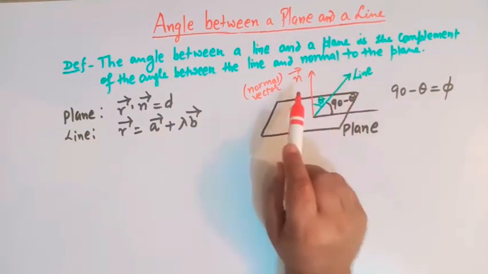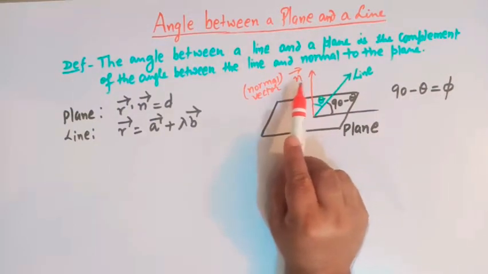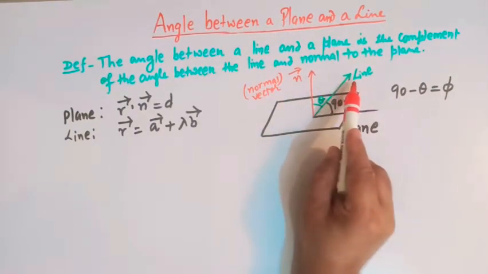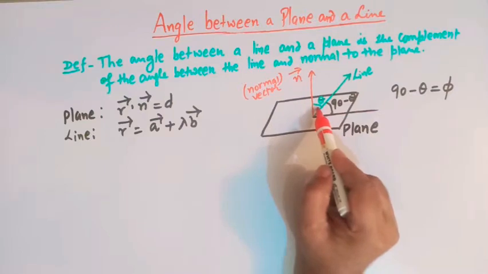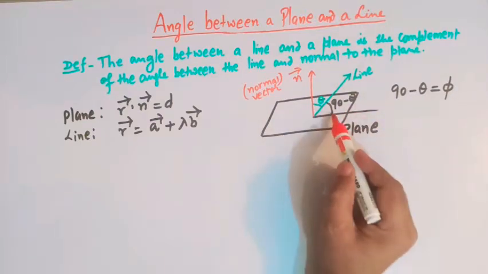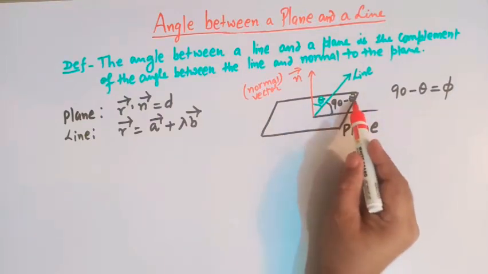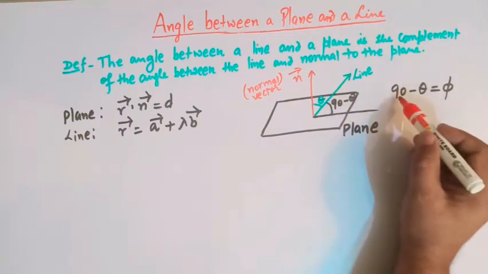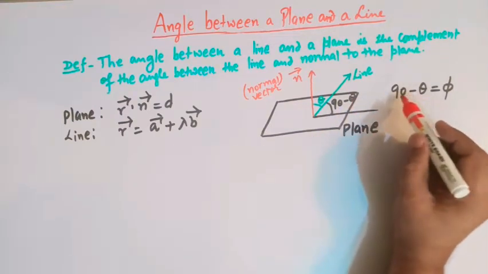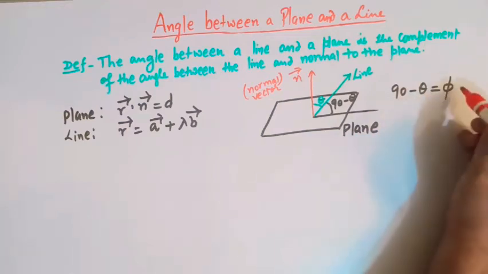The angle between this normal vector and the line is taken as theta, and obviously this angle will be 90 minus theta.